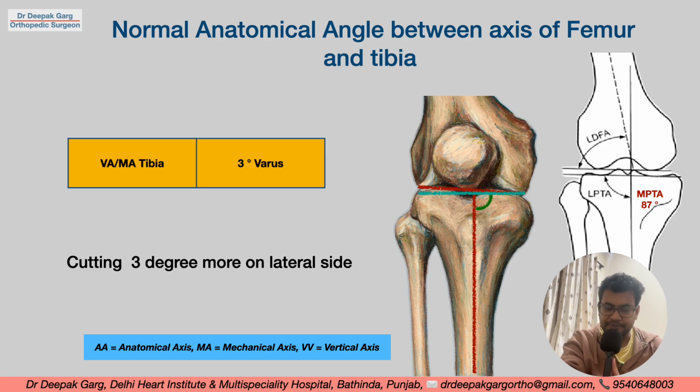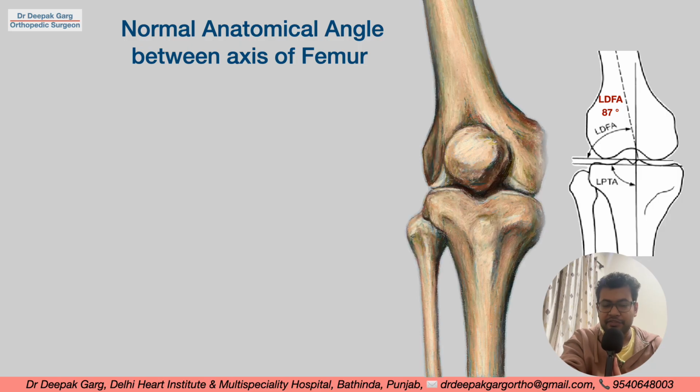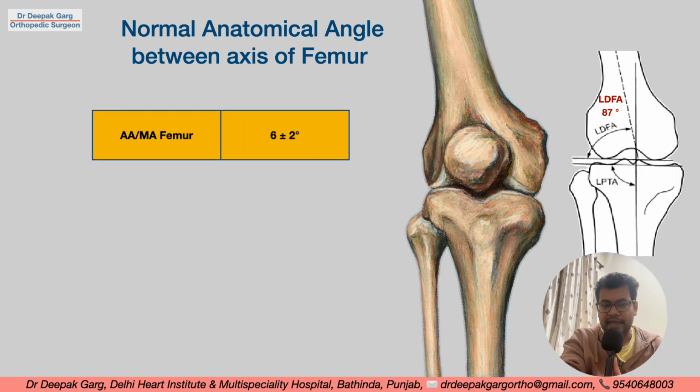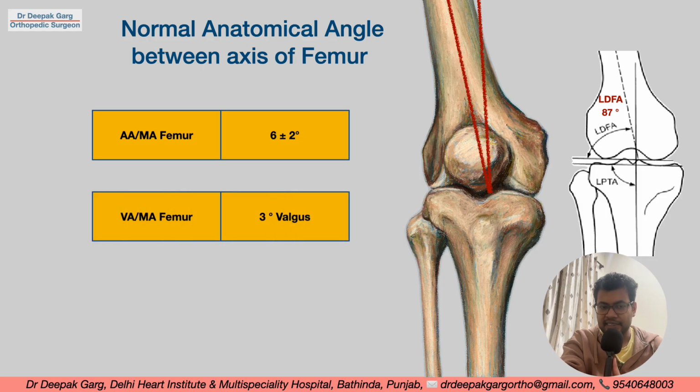Similarly, if we look at the femur, the angle between the anatomical axis and mechanical axis is 6 plus minus 2 degrees. And the angle between the vertical axis and mechanical axis is 3 degrees valgus. Again, the lateral distal femoral angle is 87 degrees.